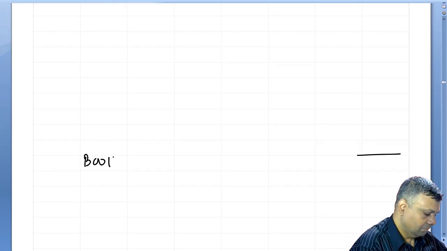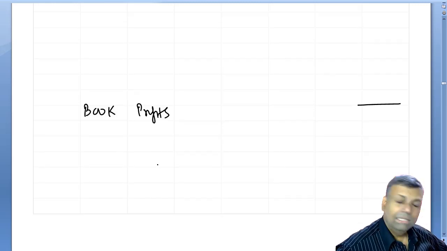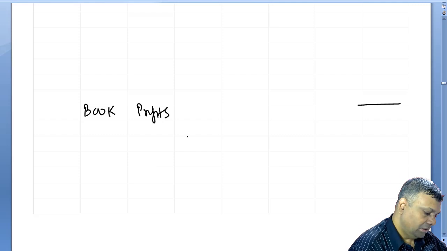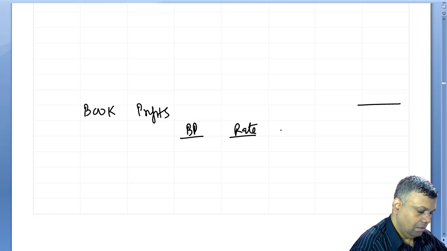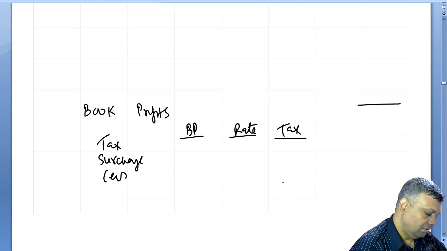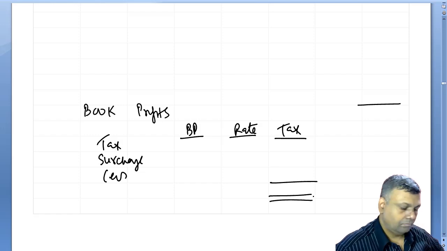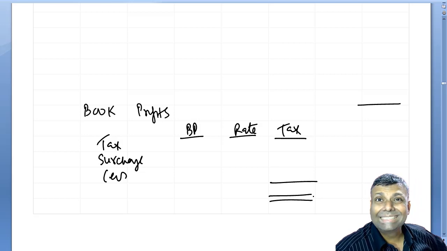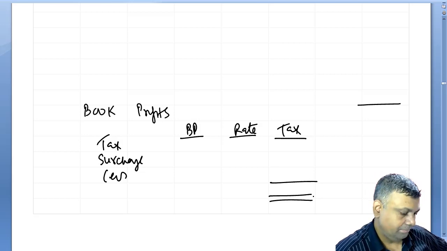After doing all these add and less adjustments, you are going to get something called book profits. After getting the book profits, you will do the tax liability calculation. So you will say book profit, rate, amount, that means tax amount, tax, surcharge, cess, and the total. This is going to be your tax liability as per the provisions of the MAT.